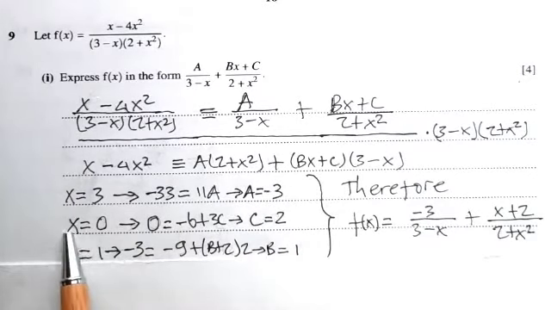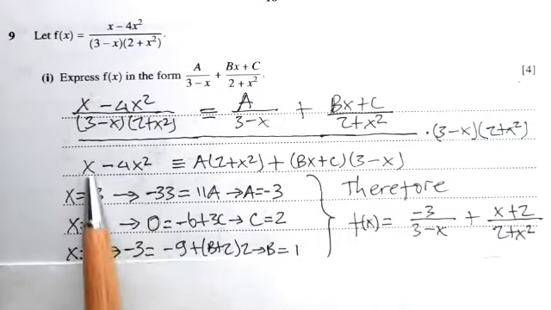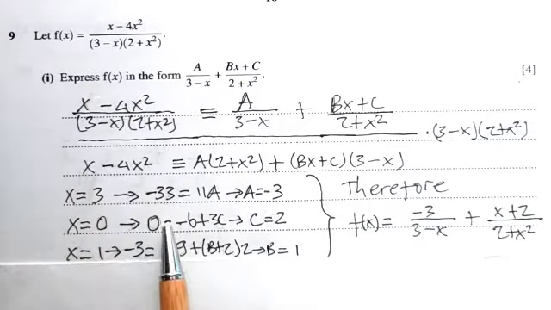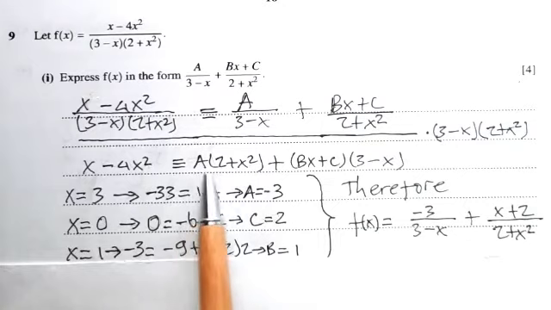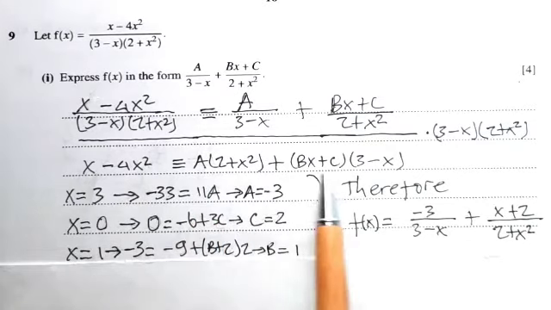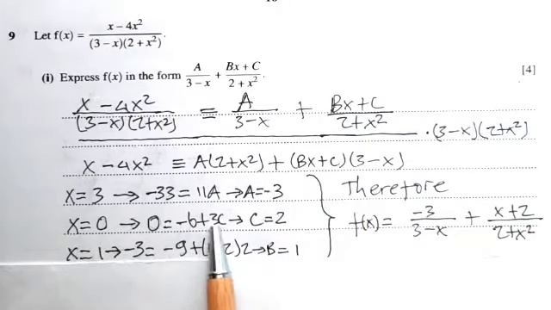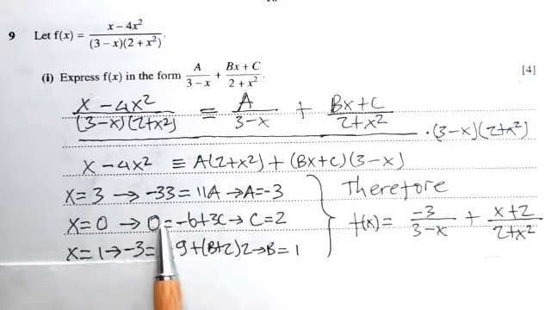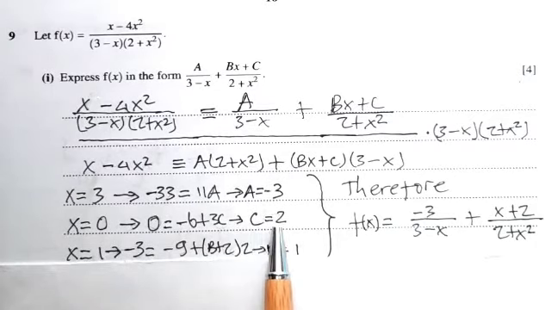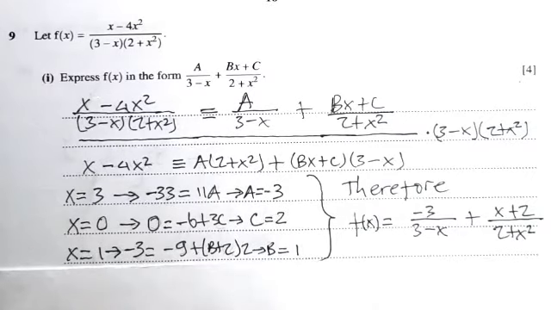Another, x is 0, thus this becomes 0. Now A is minus 3 times 2, minus 6. This is 0, 0 equals minus 6 plus 3C, thus C is 2. And one more x, we choose x is 1.